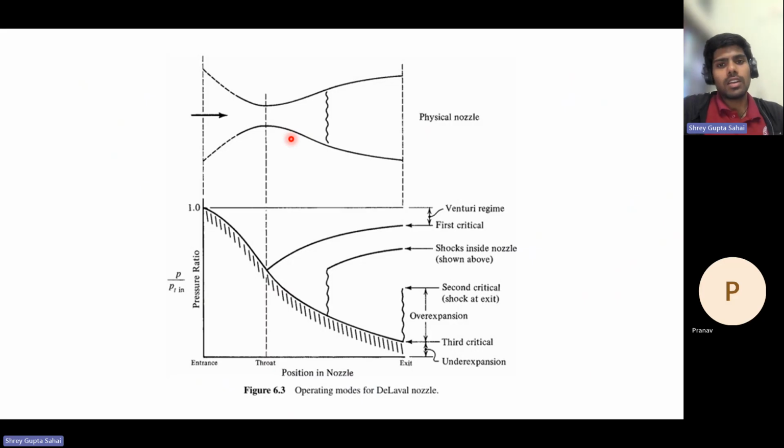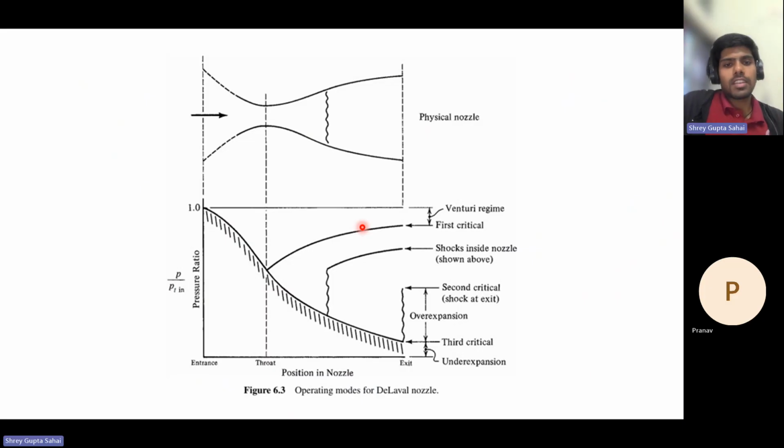We'll see that if there is a supersonic nozzle, depending on the ratio of the exit back pressure to the stagnation pressure, the flow is dictated by this ratio.